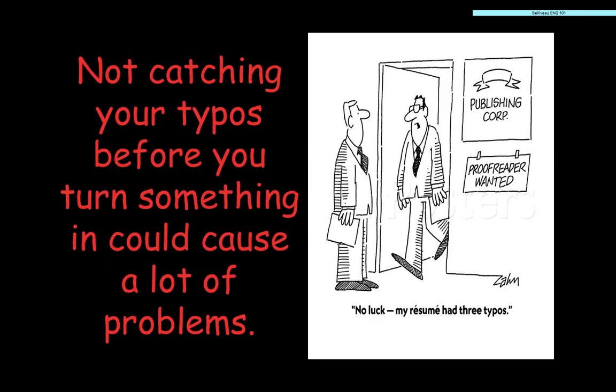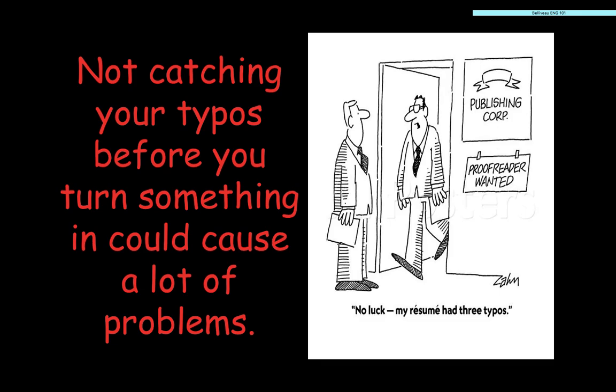And you want to watch your typos when you're doing this. I've had people who turn in their papers, they've run the spell check and they're real happy with it, but the spell check won't tell you the difference between two, too, and to.